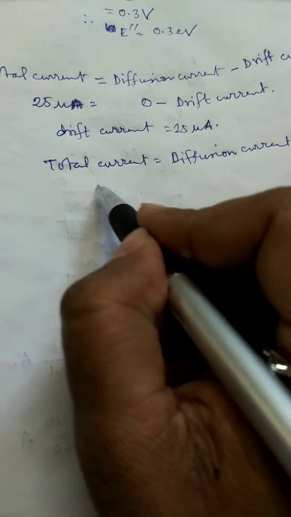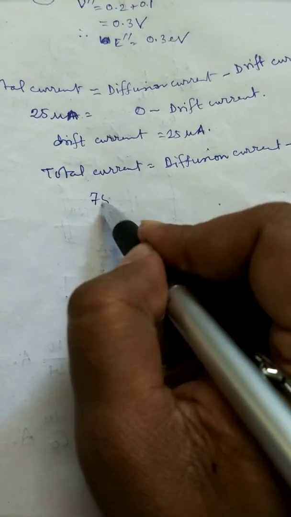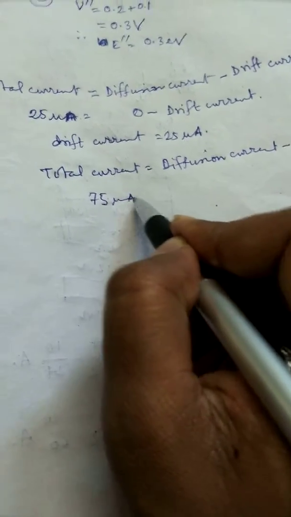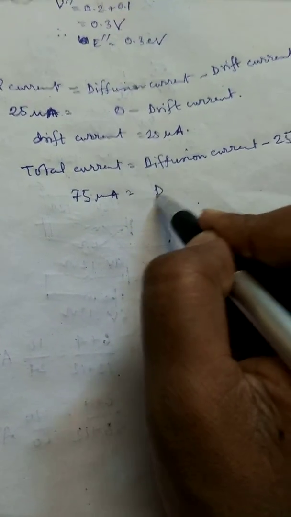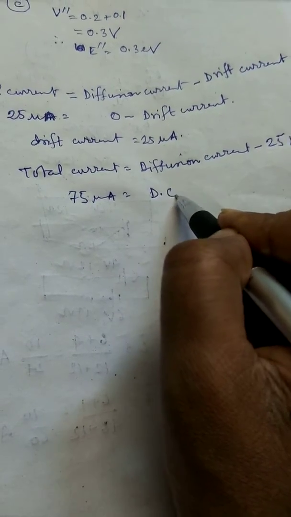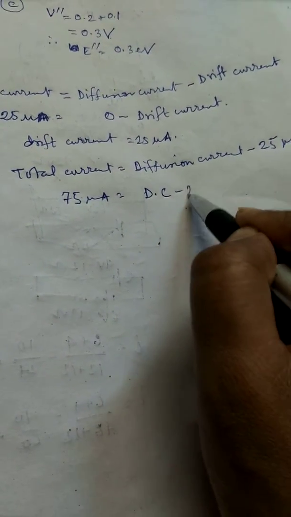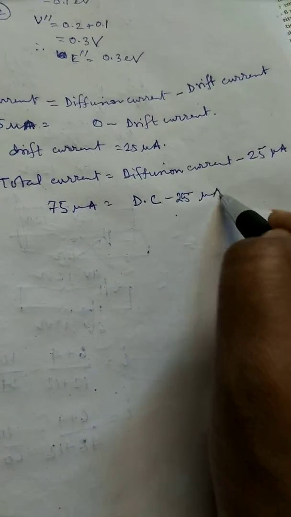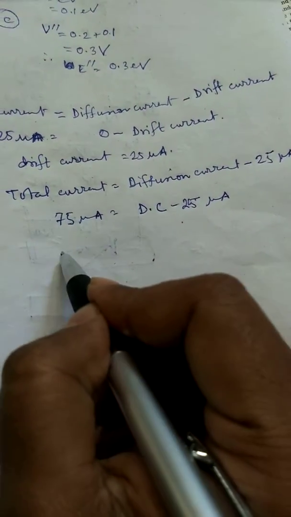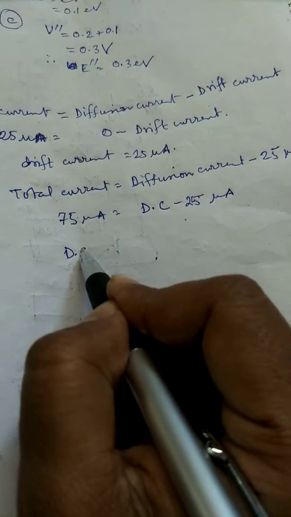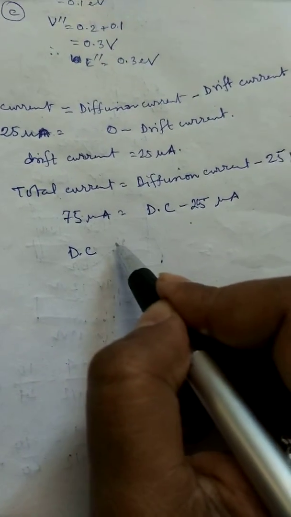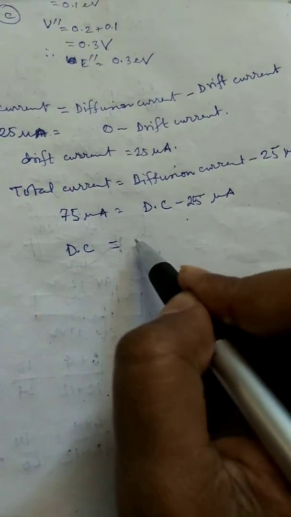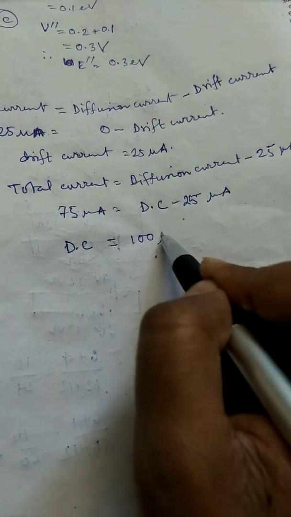That means total current 75 microampere equals diffusion current minus 25 microampere. So if I put the semiconductor in forward bias, the diffusion current will be 100 microampere.